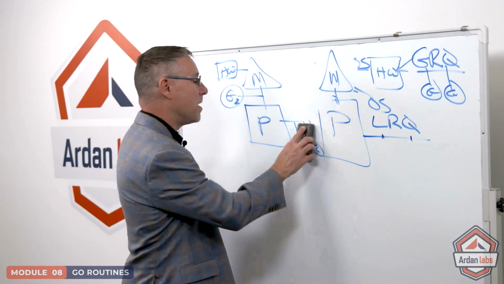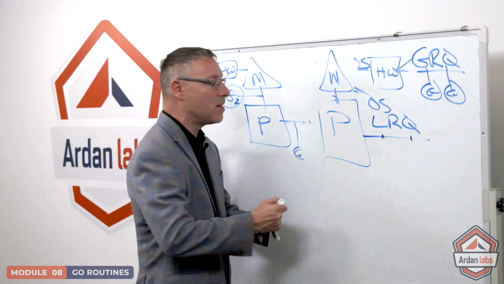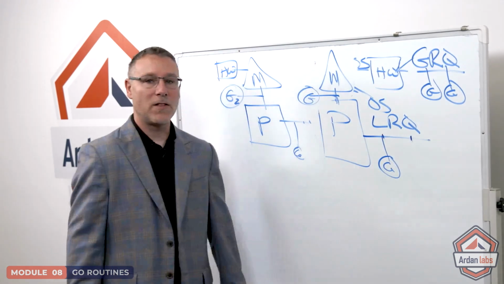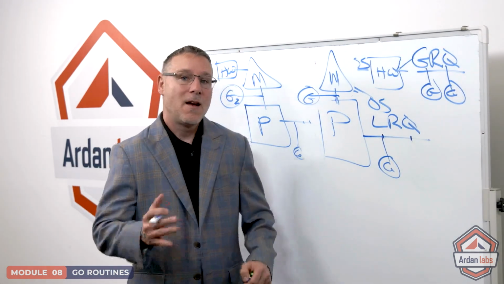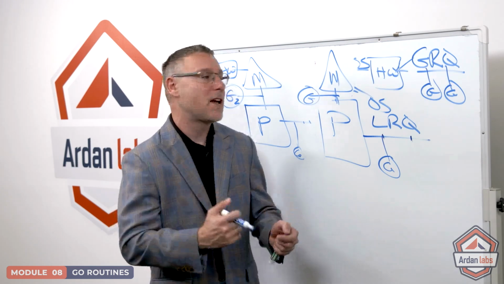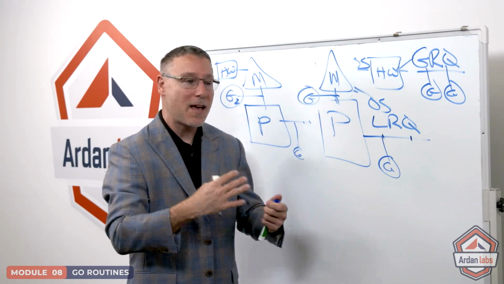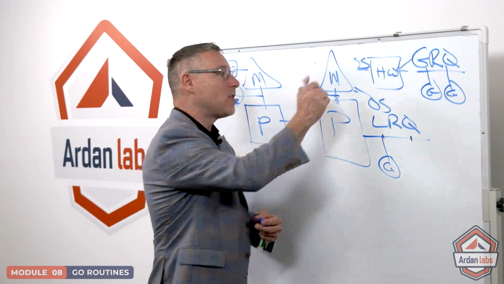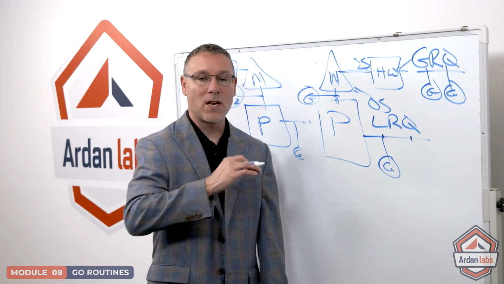So quite possibly, what that P might do is steal half of the Go routines here, put 1 in queue, and start executing the other one. Work stealing. We'll definitely do some of that. And when the work stealing is happening, what we say is that M is now spinning. Remember, the last thing we want is this M to fall into a waiting state, because then it will be pulled off that hardware, and we're not going to be able to execute Go routines as quickly as we otherwise could.